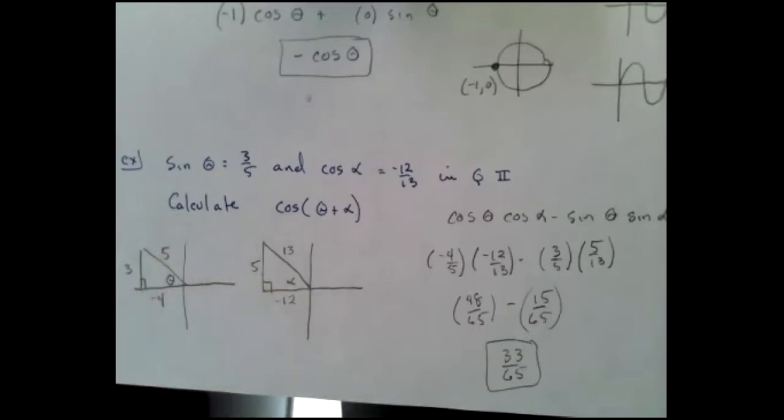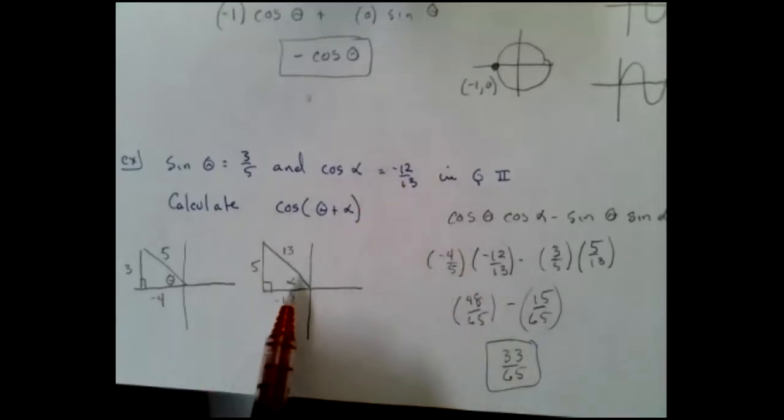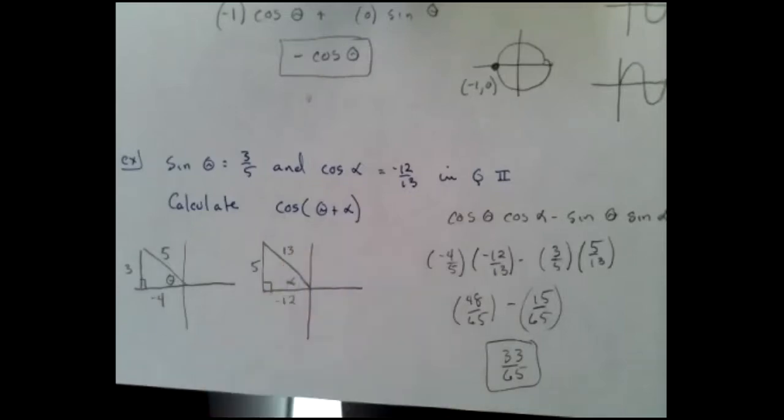Pythagorean triple. Well, that was kind of nice. Here's alpha. It's in quadrant 2. Its cosine is -12/13. And knowing my Pythagorean triples, bam, I get a 5 for the opposite.